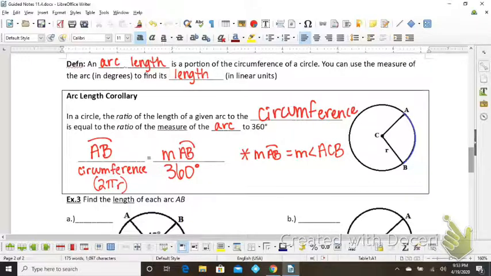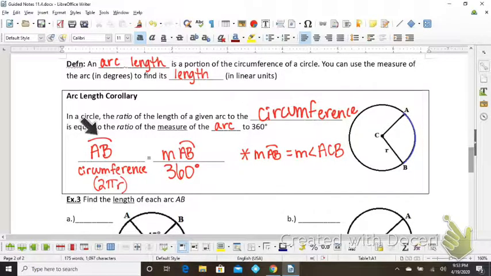All right, so here we've got a good diagram and setup to find the arc length. The ratio of the length of an arc to the circumference is equal to the ratio of the measure of the arc to 360 degrees. So let's talk about that one piece at a time. The length of the arc, so arc AB, is kind of similar to if I were to talk about segment AB.